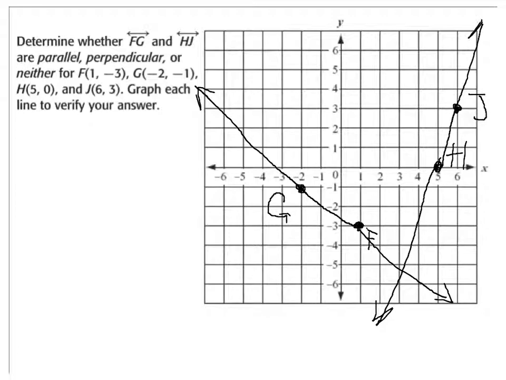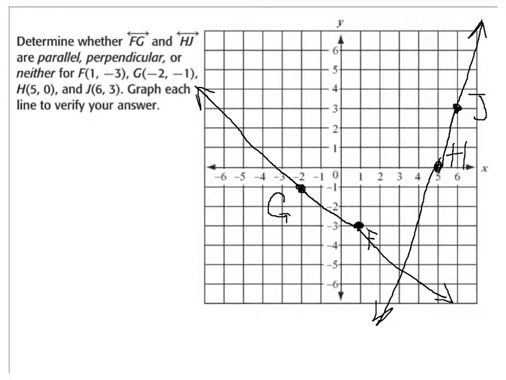Okay, now I'm doing this on the iPad, so I really can't tell if I've drawn my lines straight or not. Clearly I did not draw them perfectly straight. So I can't tell right now just by looking if these two lines are perpendicular. Clearly they're not parallel. So I have to determine whether they're perpendicular or not. And to do that, I'm going to use slope.